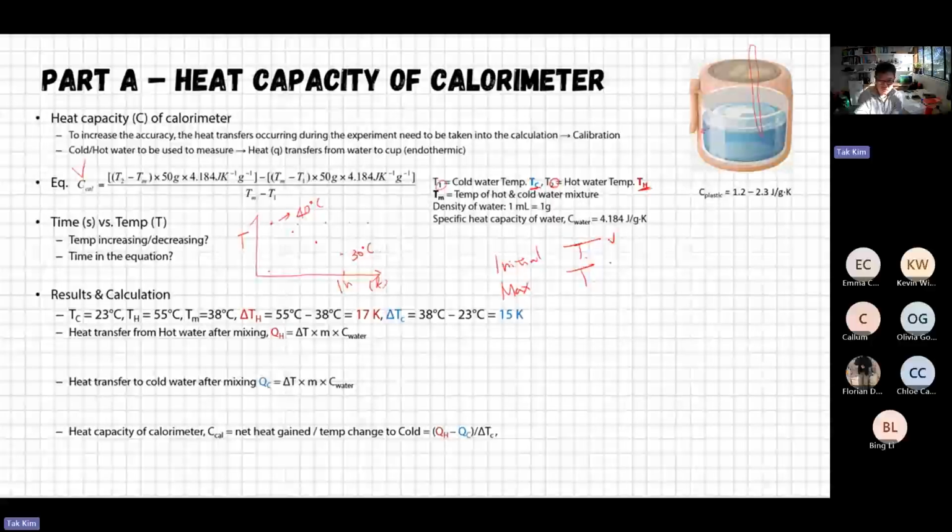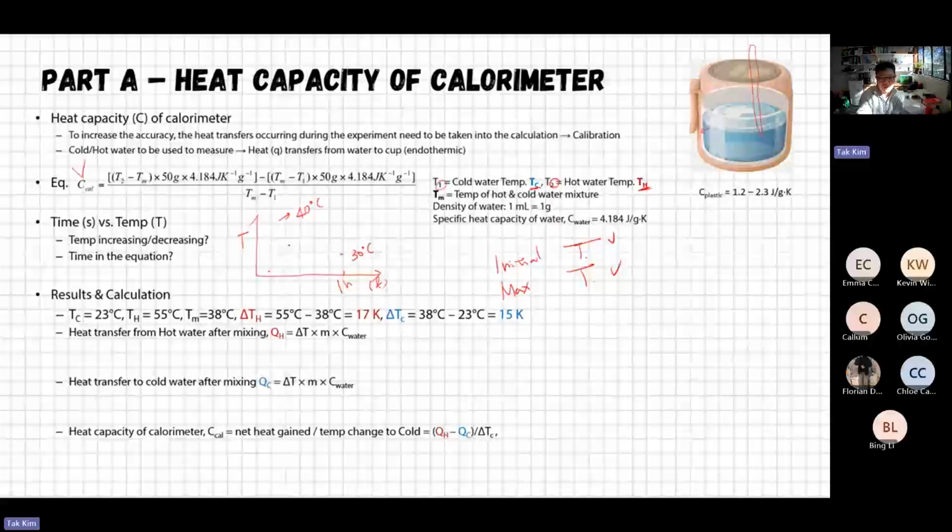These two are the ones you need to look at. And this one over here, because it really doesn't specify which one you want to use, my recommendation will be initial temperature of your hot and cold water, as well as temperature you measured at highest.